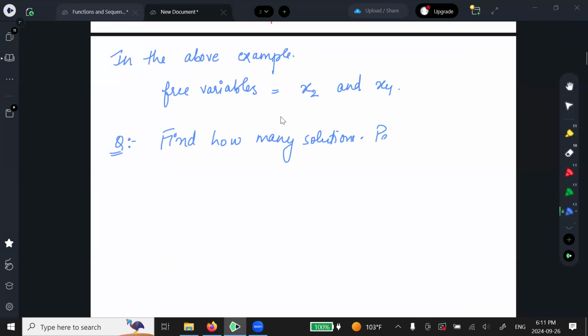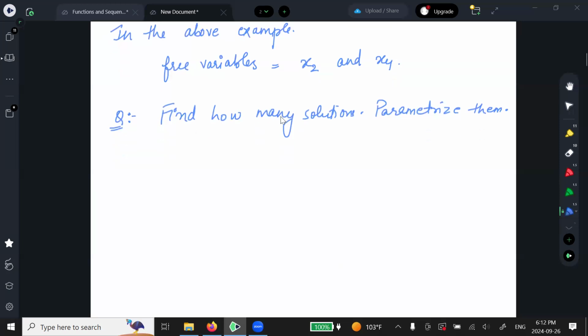And if you have infinitely many solutions, then you have to parameterize them. Now, if you recall, I've been giving you homework from exam reviews, right? For the past exam. So you see this question is repeated in every exam. This is important. So let's say I give you this matrix.